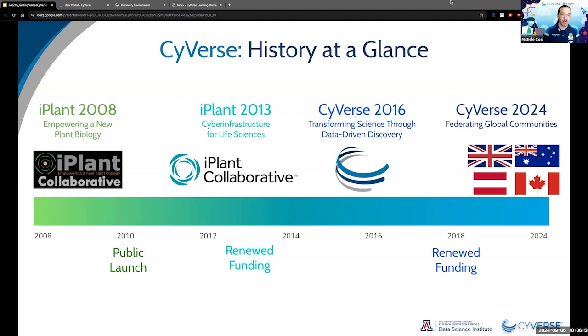iPlant renewed its funding in 2013, and because of the attention that they had been getting from the astronomy and chemistry departments, iPlant really had to change its name to fit a larger audience, and iPlant became CyVerse in 2016. Now in 2024, we have a number of federated global communities ranging from the UK, Austria, Australia, and Canada.